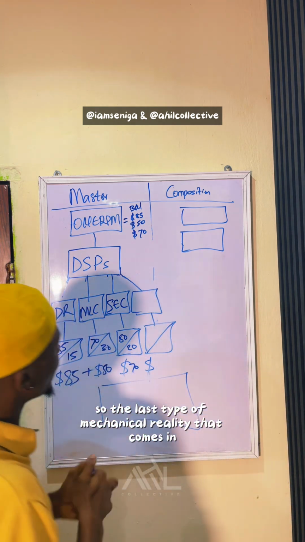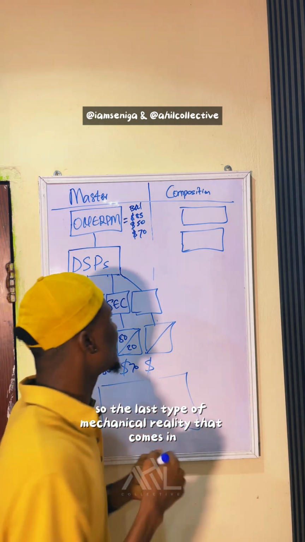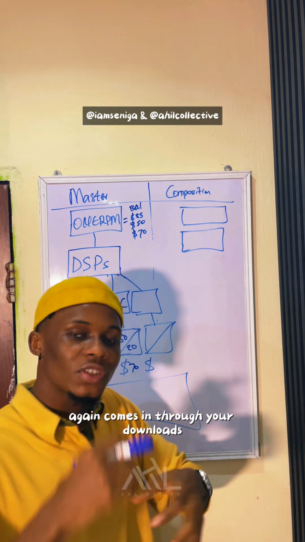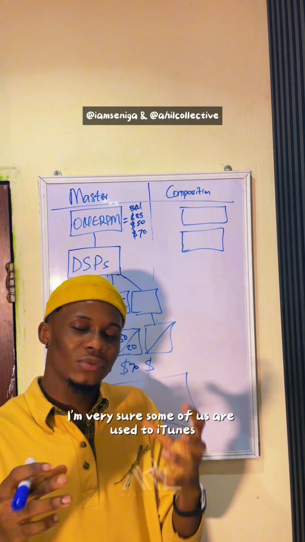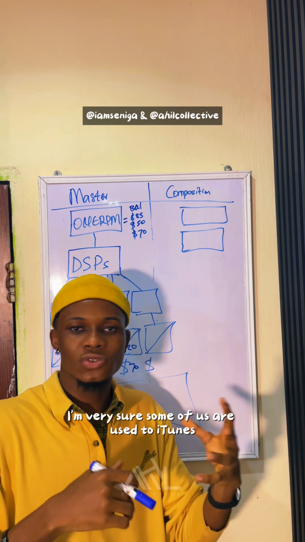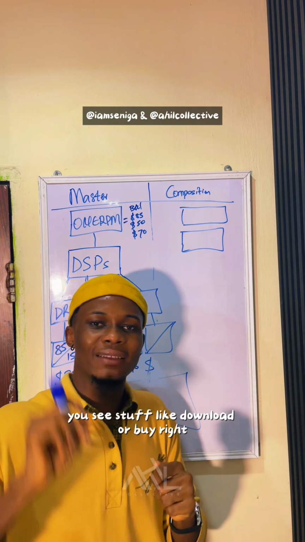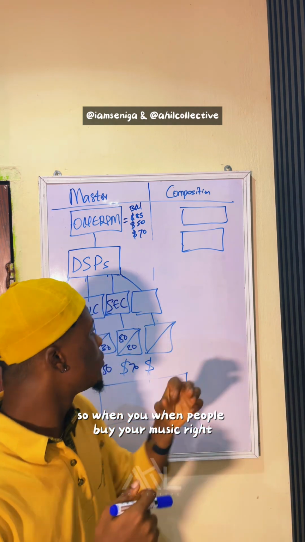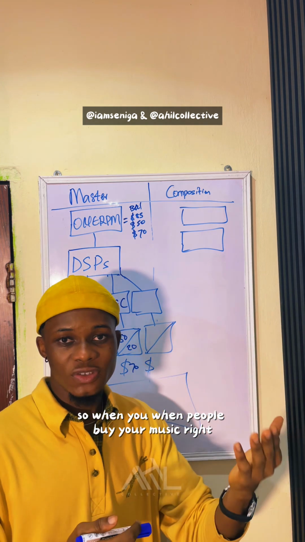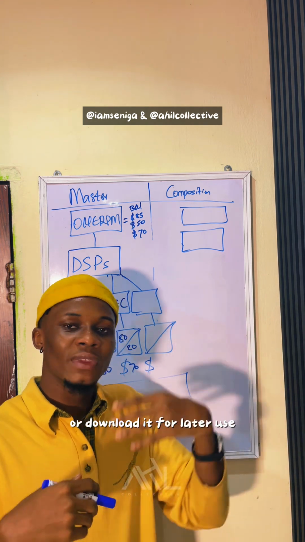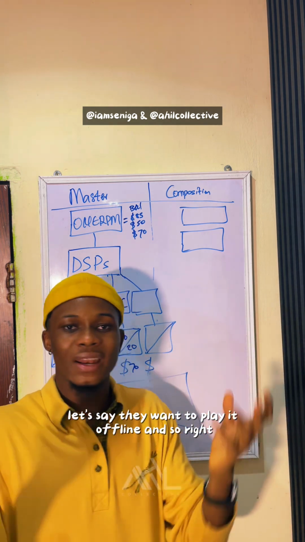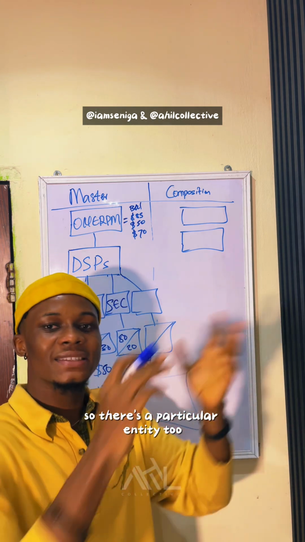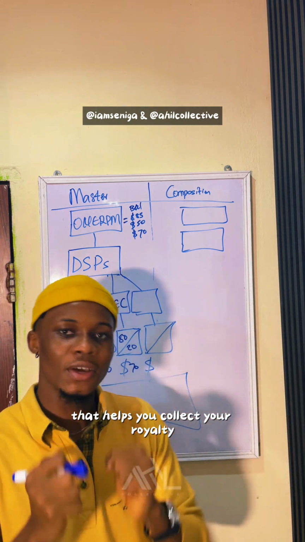The last type of mechanical royalty comes in through your downloads. I'm very sure some of us are used to iTunes. When you open iTunes, you see something like download or buy. When people buy your music or download it for later use, let's say they want to play it offline, there's a particular entity too that helps you collect your royalty.